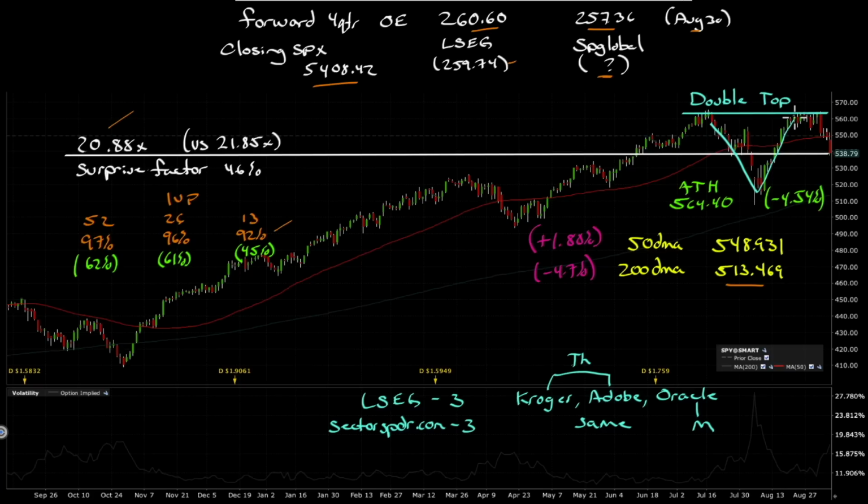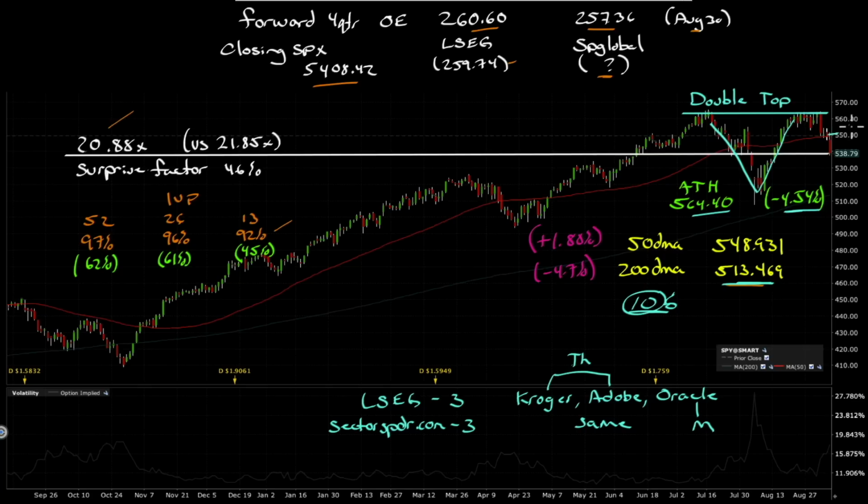We did form a double top on the market. All-time high 564.40. We are down 4.54% from the all-time high. Another 4.7% brings us to the 200-day moving average at 513.69. That would give us our correction, our 10% pullback.